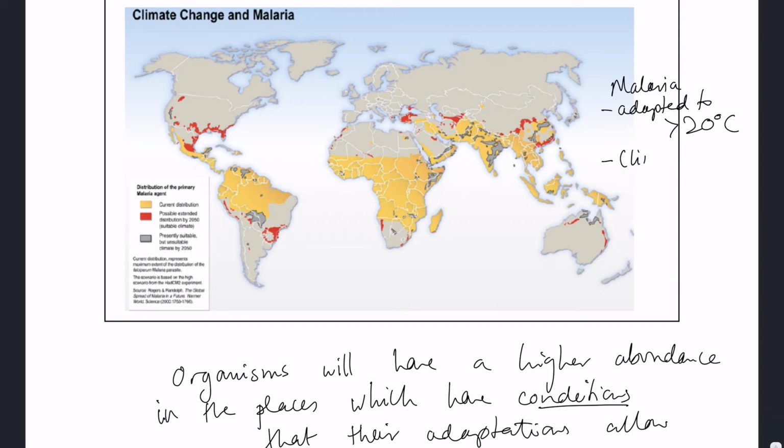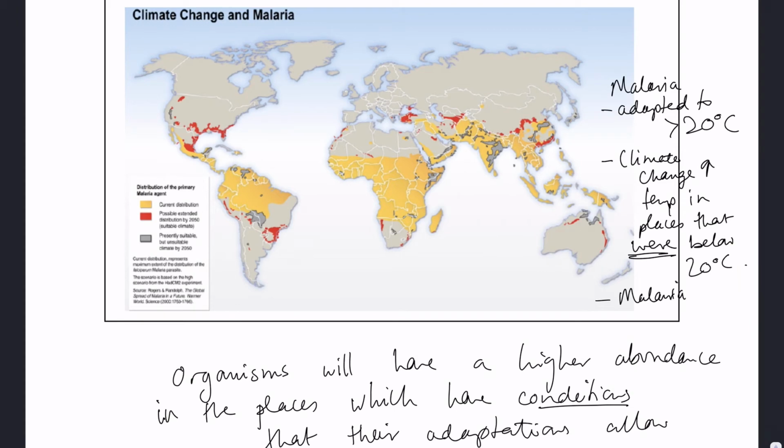Climate change increases the temperature in places that were below 20 degrees C. So now, if climate change happens, malaria can survive in new environments. And we're talking about countries.